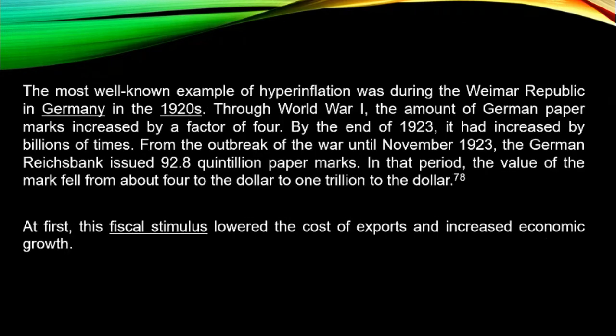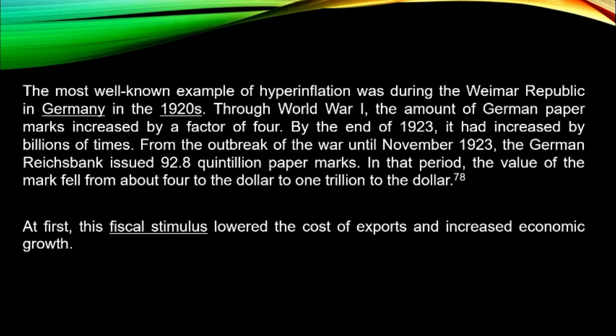The most well-known example of hyperinflation was during the Weimar Republic of Germany in 1920. In World War I, the amount of German paper marks increased by a factor of 4. By the end of 1923, it had increased by billions of times.